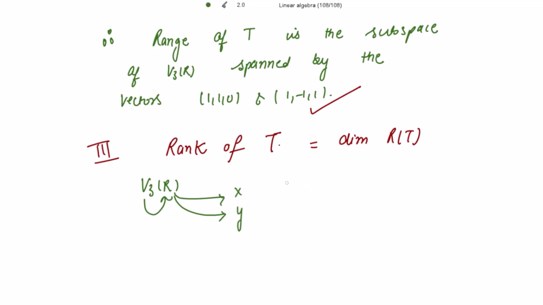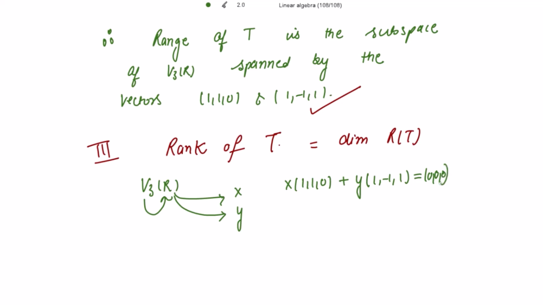And I need to show that if x times the first vector plus y times the second vector, that is the linear combination, is equal to 0, implies that x and y both are 0, then we say that the vectors are linearly independent, right? So let's check this. This is the zero vector in V3, right?